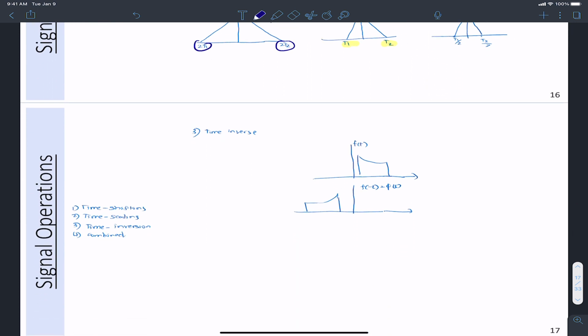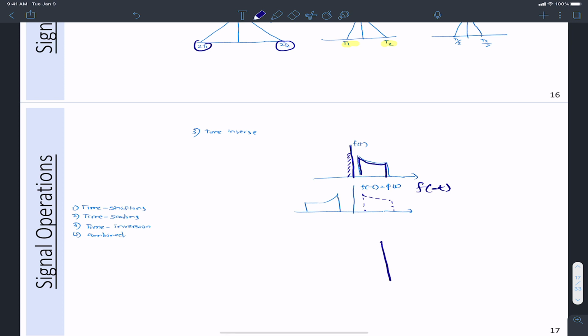And then time inverse. So if you have this as your f(t), and then f(-t), if you just take this as a mirror, how the signal will look on the mirror. If the mirror means, this is a signal, and then you see the mirror here, it just reverses the signal.